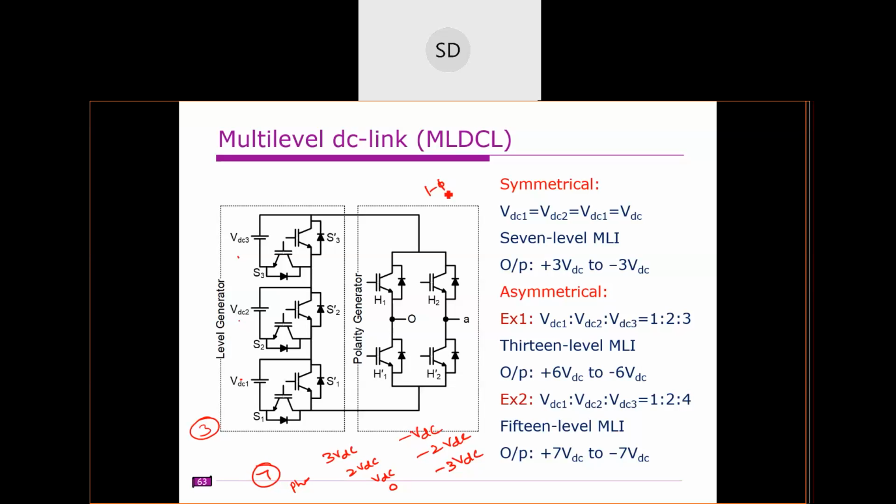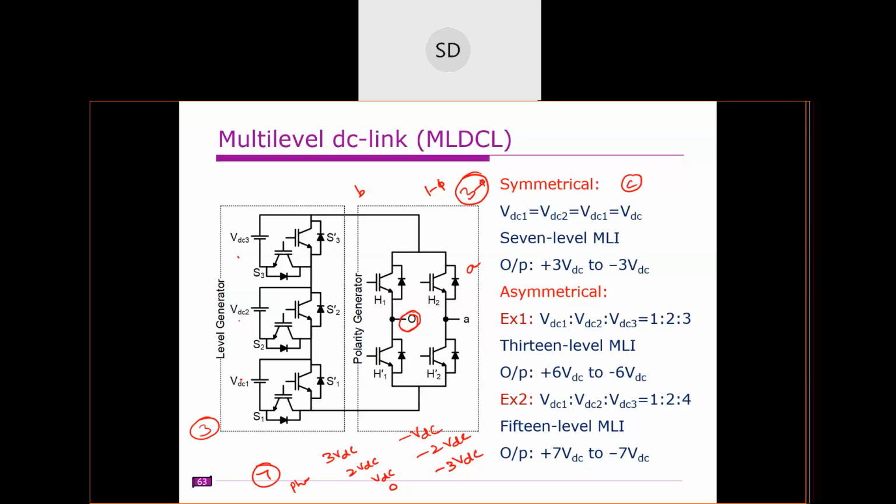If you want to go for 3 phase, this is for A phase. Similarly, the same structure for B phase and another structure for C phase. So this entire structure is for A phase, and we have B phase and C phase. All these 0 points are there, so all are connected together like an H bridge.